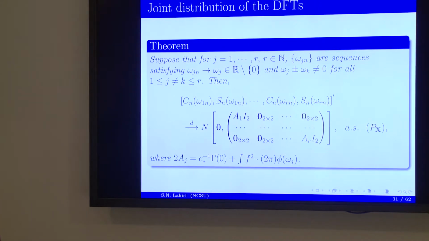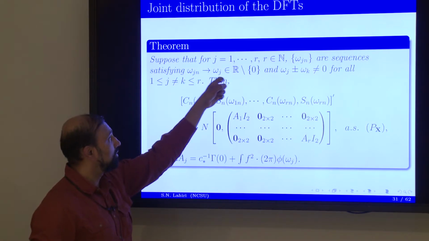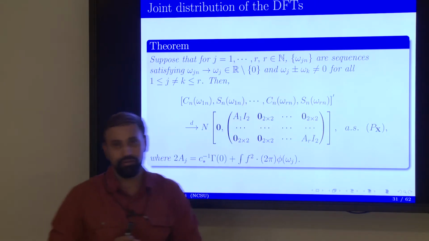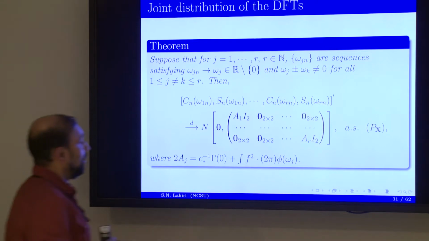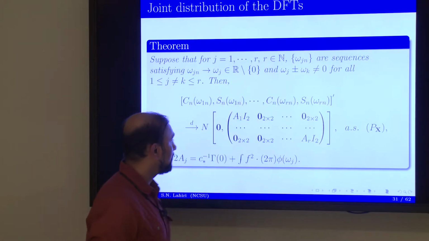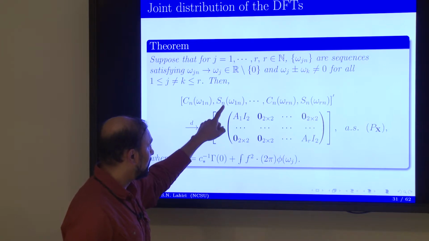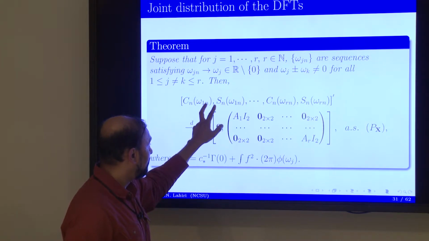So there twice pi makes sense. But in any case, these are arbitrary frequencies converging to a non-zero real number. And they should not add up to 0 or be the negative or be equal actually.